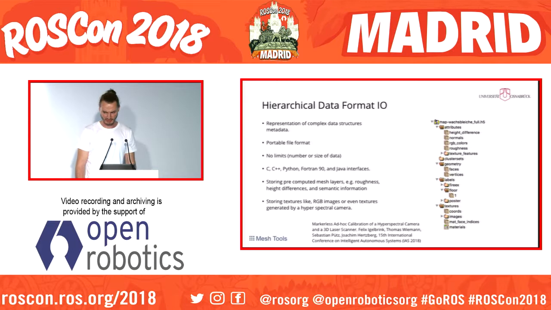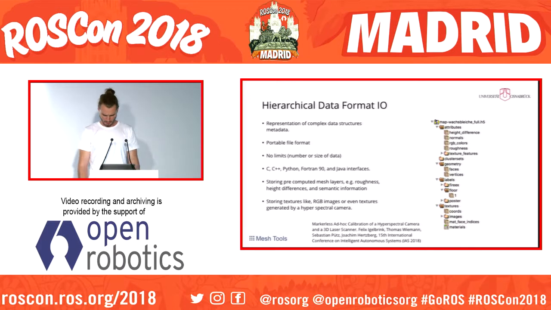So on the right side you see our structure we use here. We have attributes like height differences, the normals, RGB colors, roughness, and so on. And of course geometry, then later labels, and also the textures.